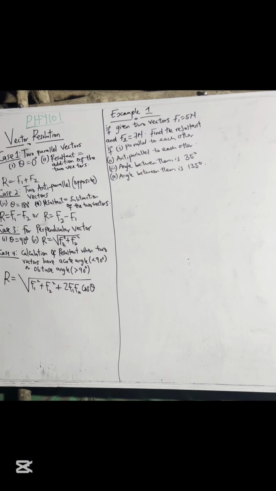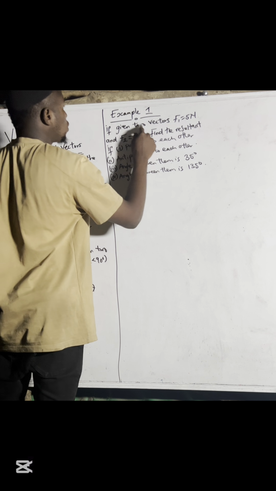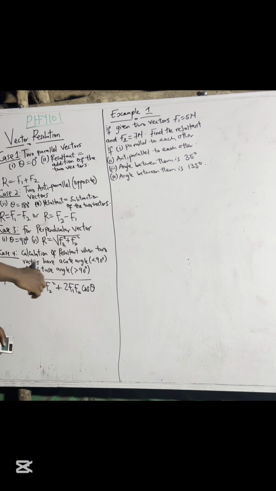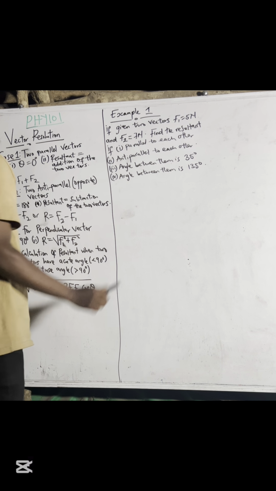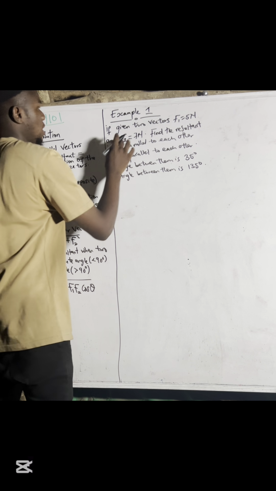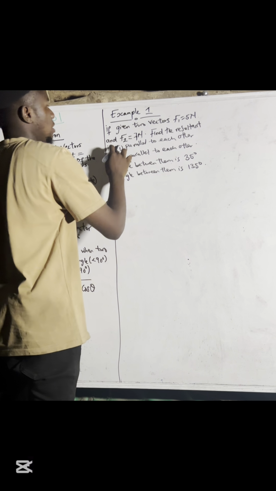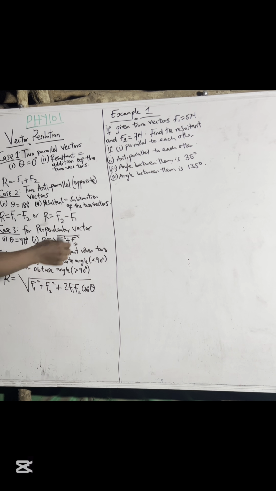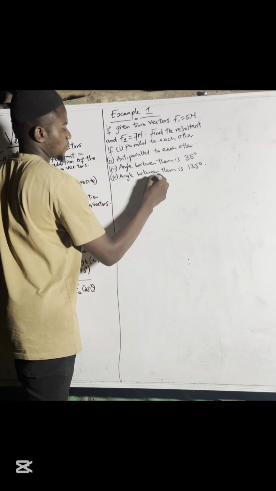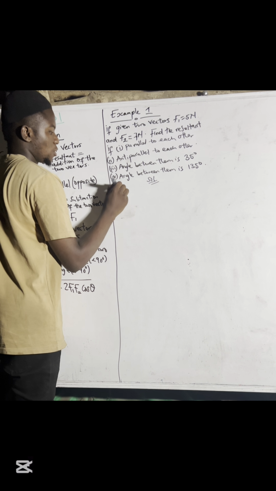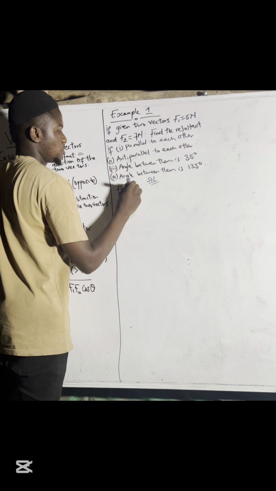So guys, let's look at some examples in these cases. For this case, the example we have here is that given two vectors, F1 is equal to 5 Newton and F2 is equal to 7 Newton, find the resultant. So guys, just write solution. The first force, F1, equals 5 Newton.